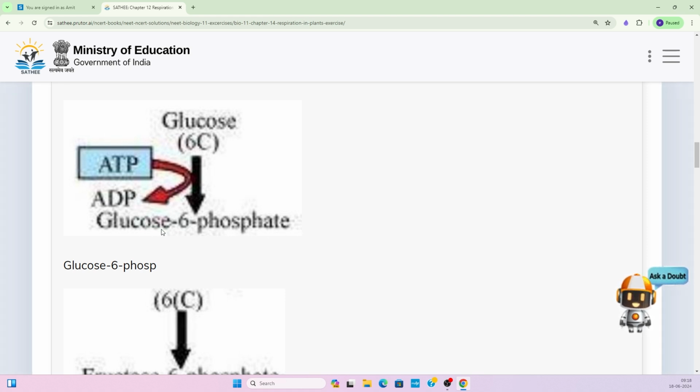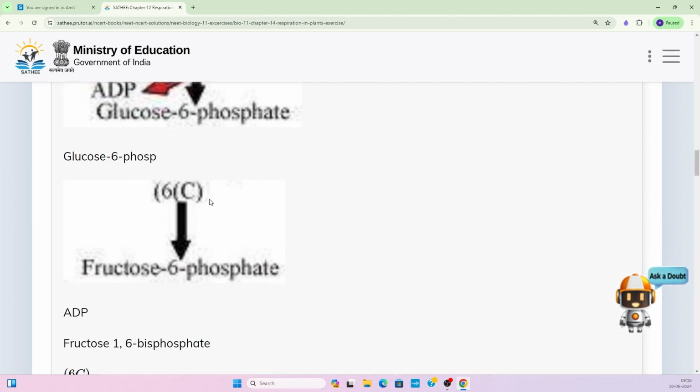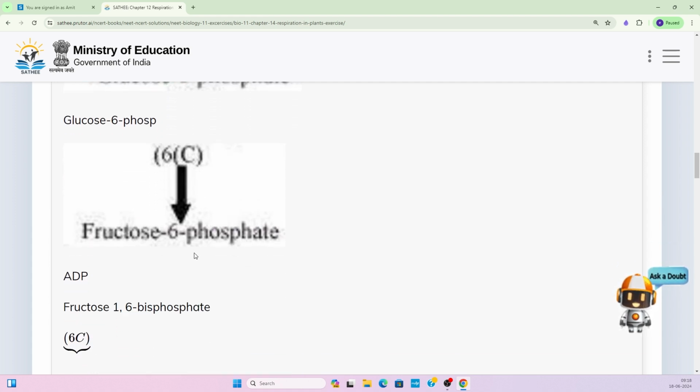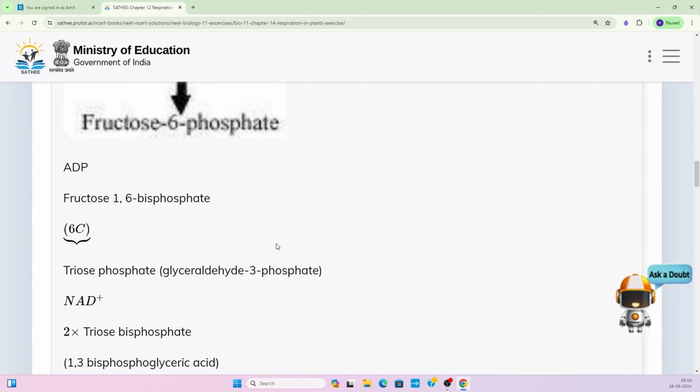So the first compound is glucose 6 phosphate. Now this glucose 6 phosphate is converted to fructose 6 phosphate, which is a 6 carbon compound.